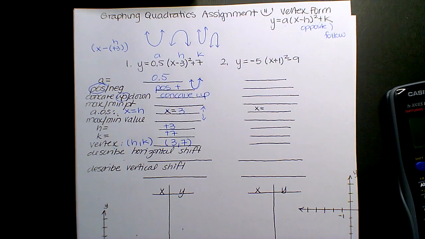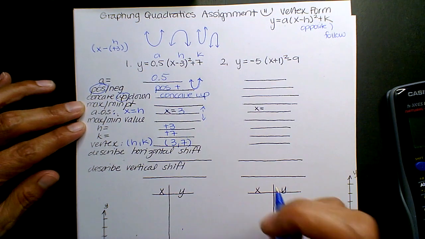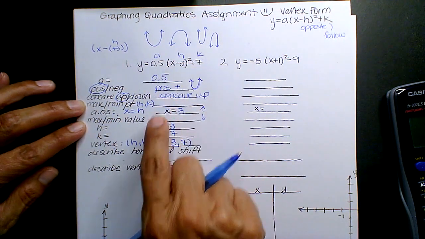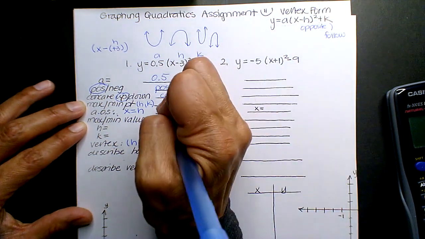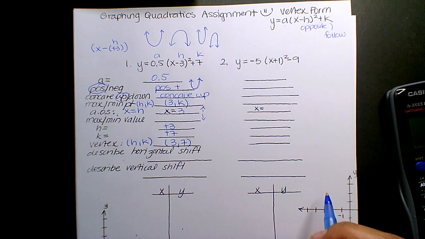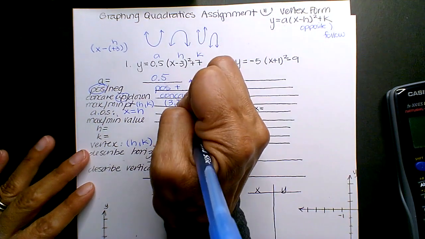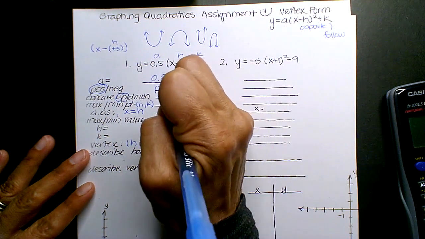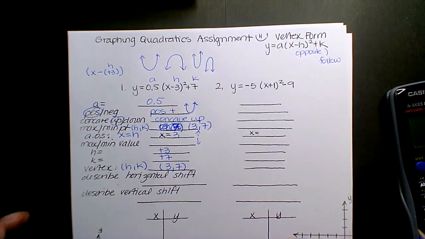Okay, listen, your max min point is your vertex. So whatever your vertex is, that's what you put here. If my vertex is (3, 7), I'm going to have (3, 7). Is it a max or min point?